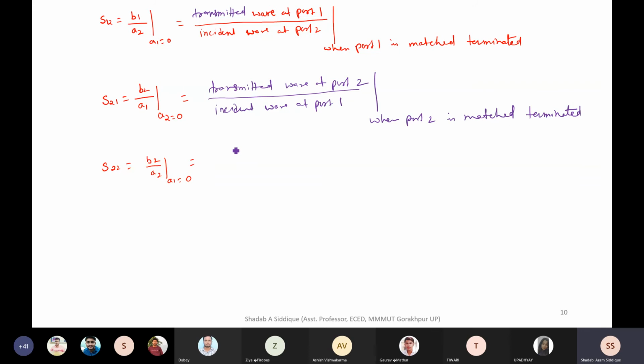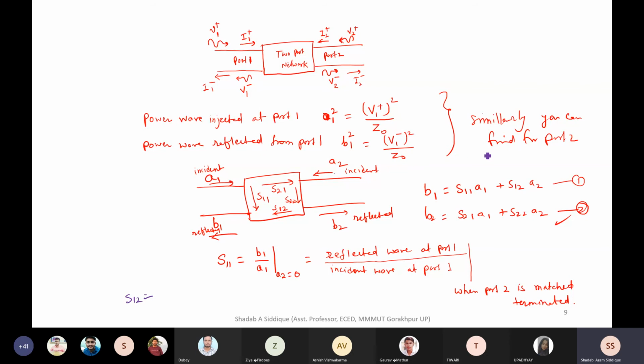Okay. Similarly, if you go for S22, S22 is nothing but B2 divided by A2. So B2, if you're talking about the same port, this is incident, this is reflected. At the same port, it is reflected. It is not transmitted. It is not coming from the other port. It is coming from the same port and reflected back. So B2 is called a reflected wave.